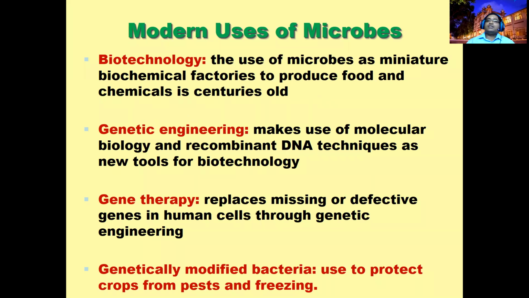For gene editing or molecular biology, you need microorganisms. For example, certain enzymes are used to cut the DNA of any organism. These enzymes are products of microorganisms. And also gene therapy.